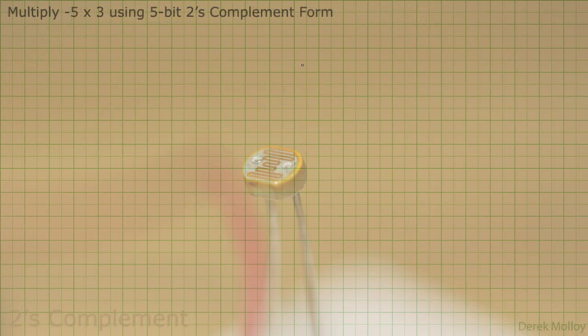So if we take a slightly more complicated example, in this case here, we want to multiply minus 5 by 3. So we want to see that it works for negative numbers as well. So the first question is, what is minus 5 in a 5-bit 2's complement form? Well, the sign bit for plus 5, if we've used the full 5 bits, is 0, 0, 1, 0, 1, 4 plus 1, that says that's positive 5 with a 0 on the front.